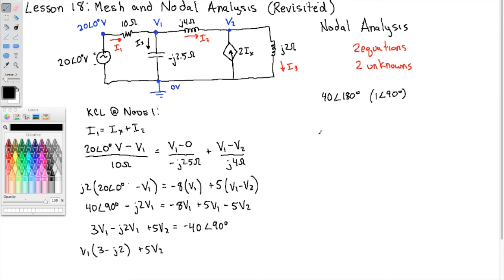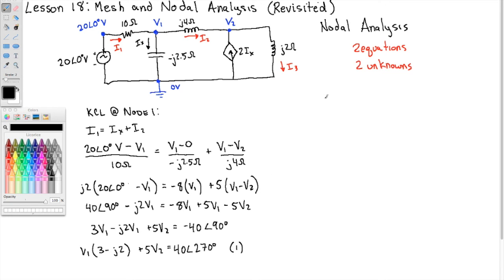To get rid of that negative, this is 40 angle 270 degrees. All right, so this is in a nice form. We'll call this equation 1.